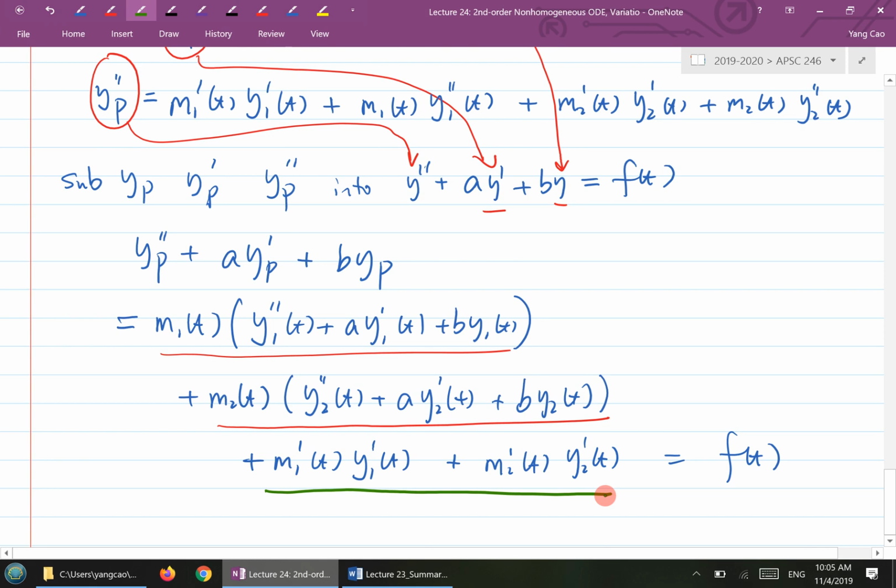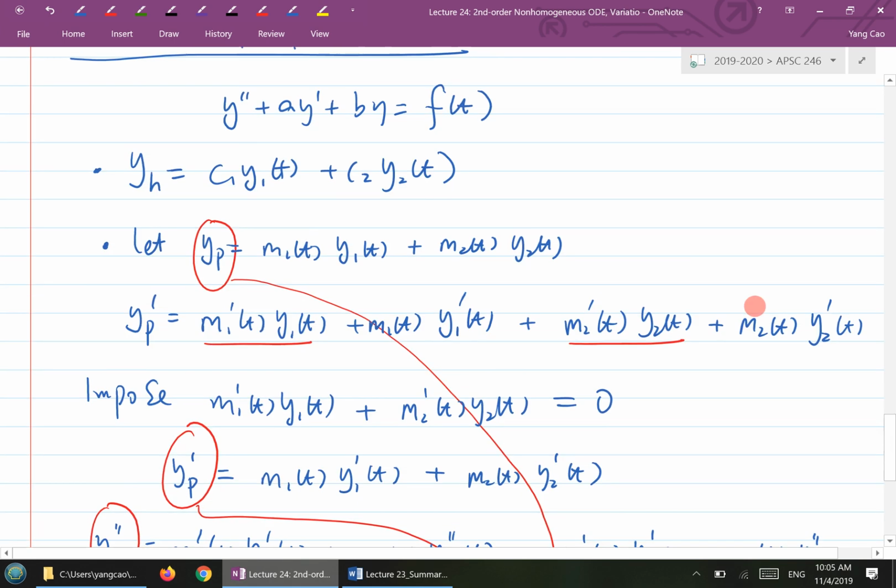So what can we further simplify from here? If you look at these results carefully, especially the two underlined in red, look at the one in the bracket. The bracket is Y1 double prime plus A Y1 prime plus BY1. What will this term equal to? What's Y1?